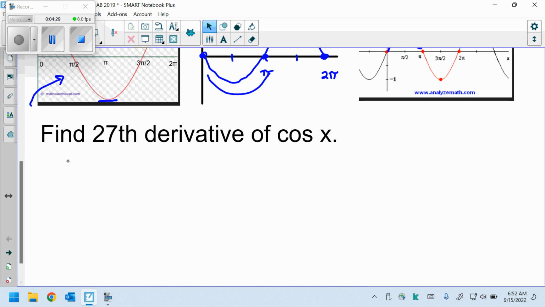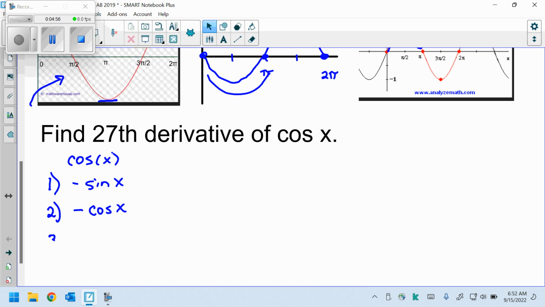Well, I know that if I've got a function, cosine of x, and I find the first derivative, we've just found that that is the negative sine of x. And for the second derivative, the derivative of sine, the coefficient comes along for the ride. The derivative of sine is cosine, as we have just learned.